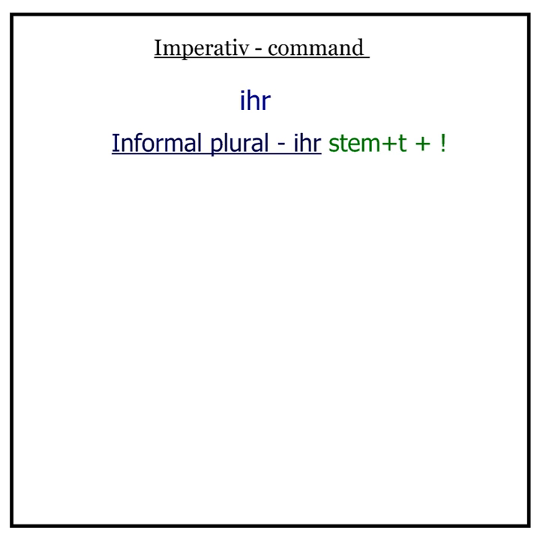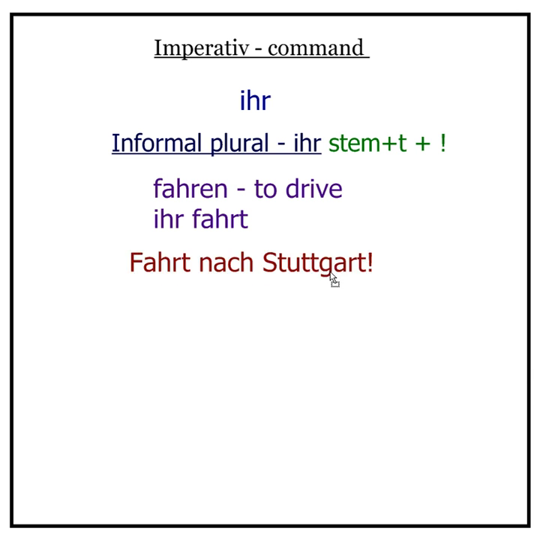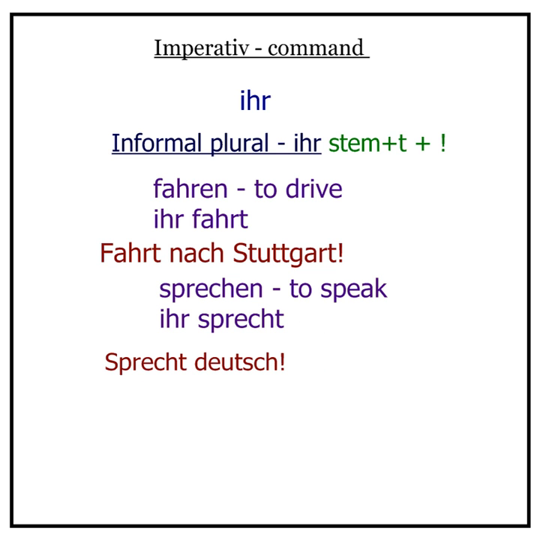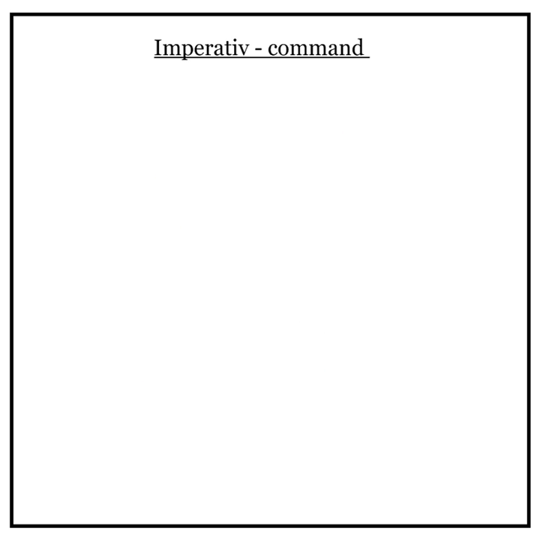Two more examples. Conjugation of fahren to ihr. Ihr fahrt. Fahrt nach Stuttgart. Sprechen. Ihr sprecht. Sprecht Deutsch. Now we have du, the informal singular.